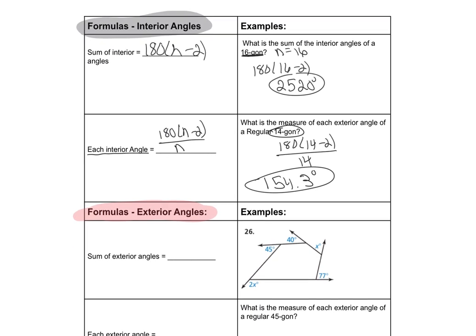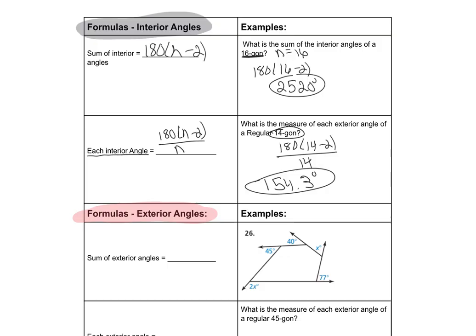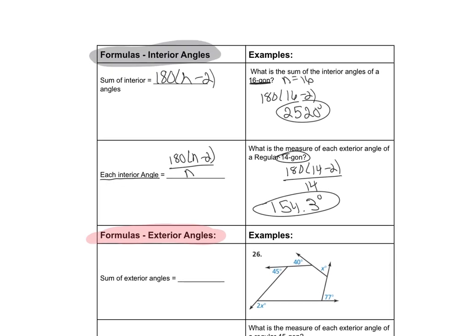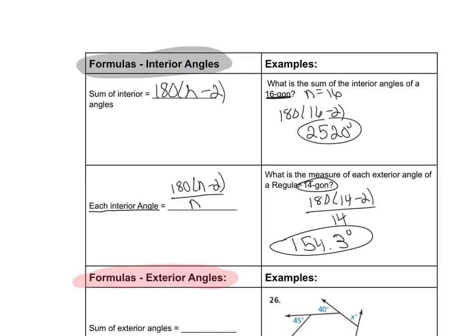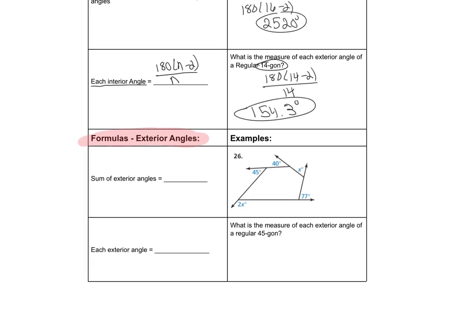And for interior angles, I'm going to add one more thing in here. Let's do that down here where I have a little bit of space. What if I tell you the sum of the interior angles and I ask for how many sides?